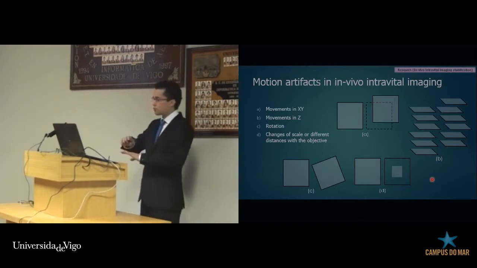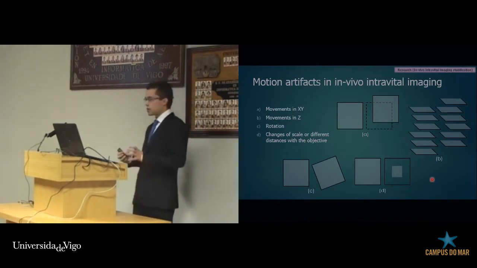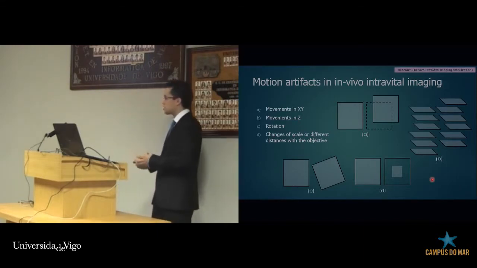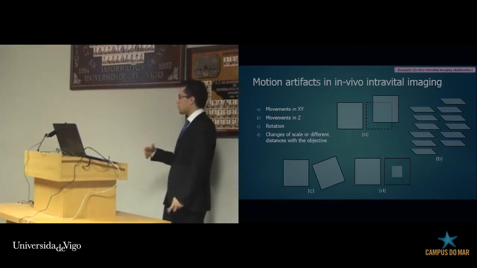You can have rotation, or you can have a change of scale. Well, it's not a change of scale. It's more related to the tissue sometimes compressing or stretching, and sometimes the tissue can be closer or farther to the lens.